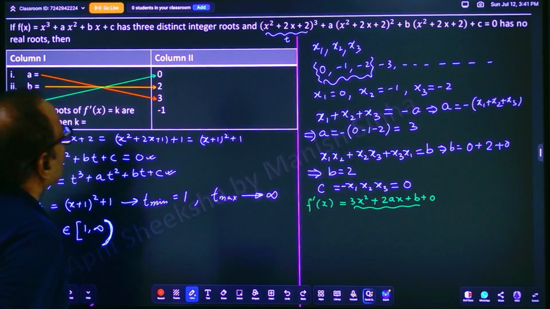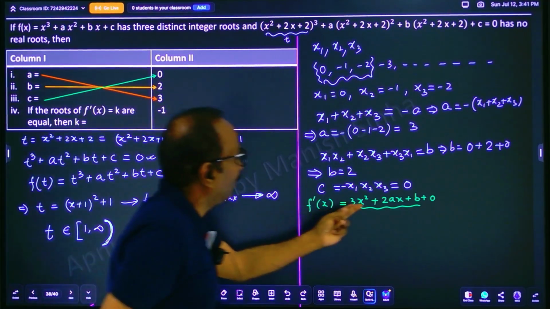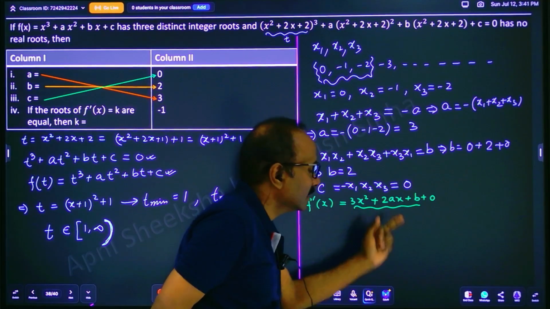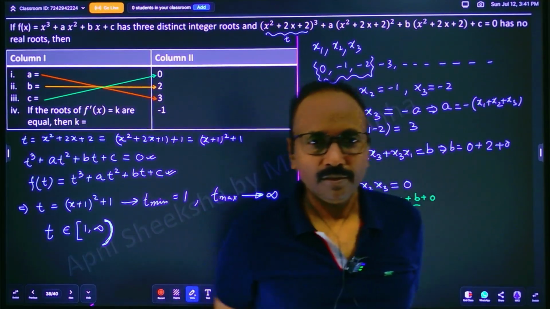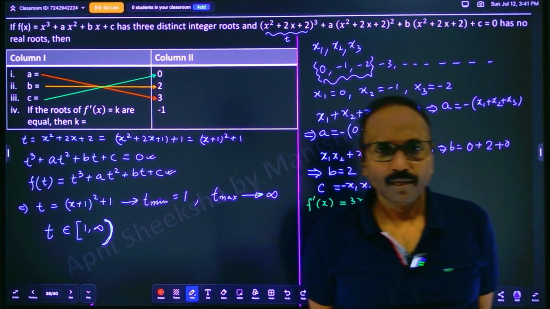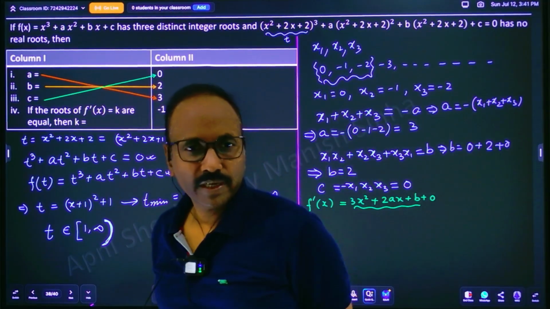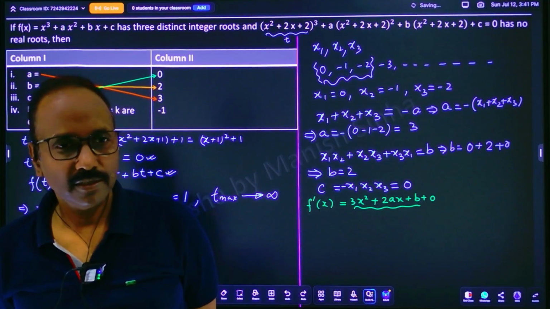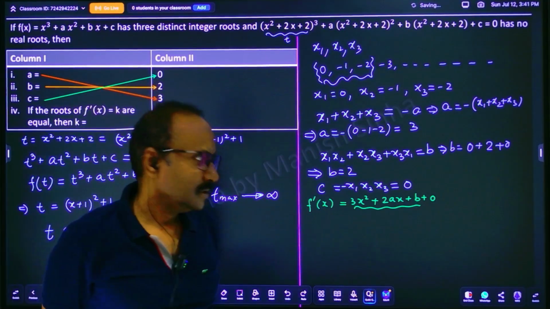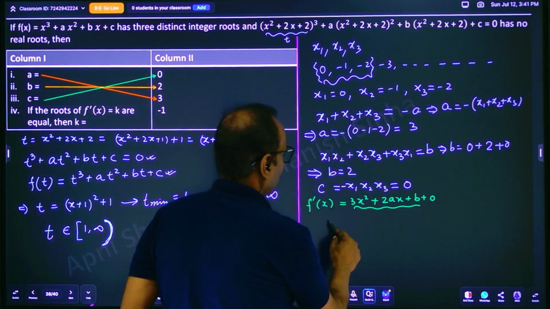Now the question says the roots of this function are equal. So in a quadratic equation, when the roots become equal, your determinant is 0. So do that. Let's see. So make the determinant 0.